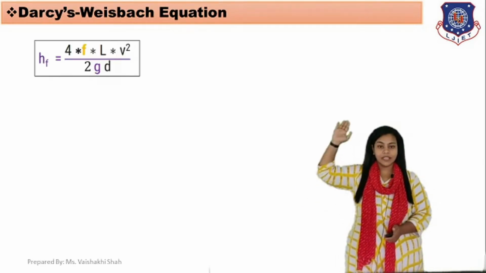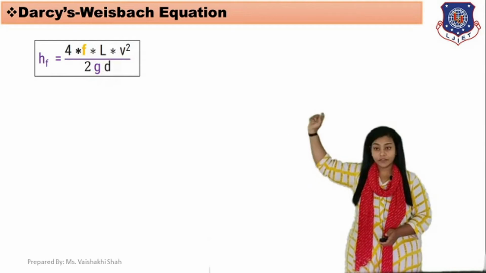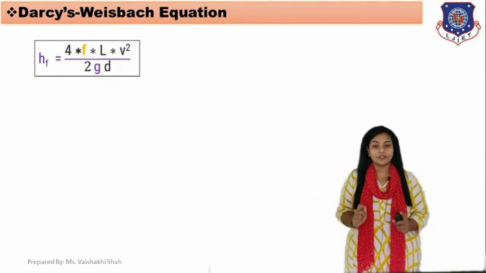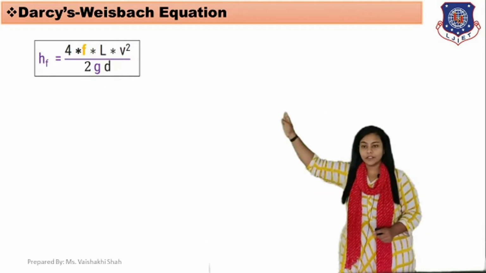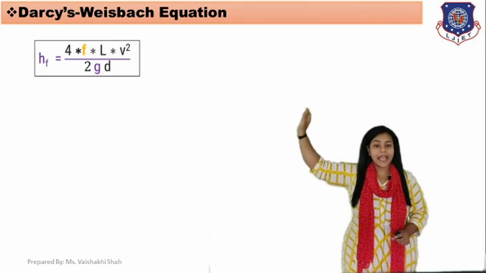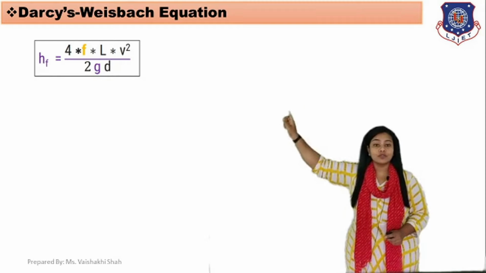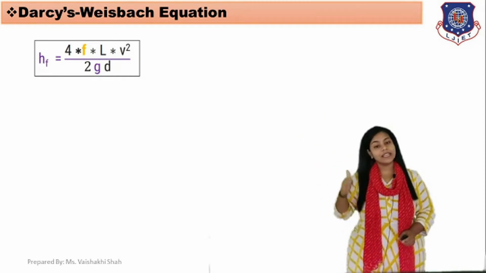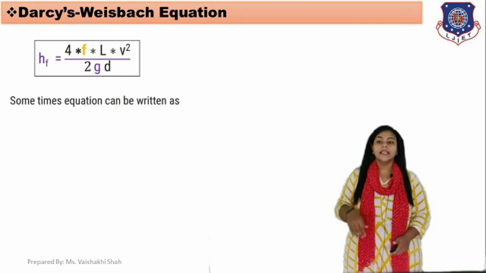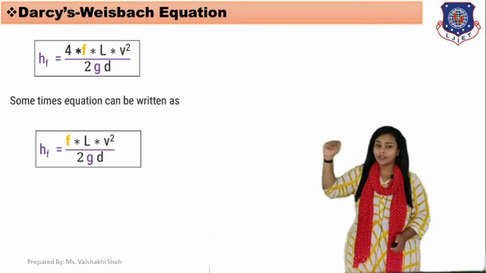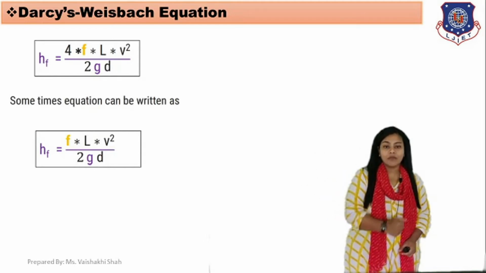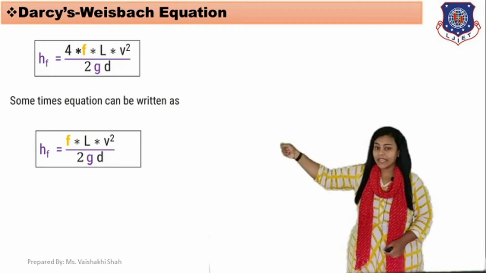Darcy-Weisbach equation. In the Darcy-Weisbach equation we derived that hf, which is head loss due to friction, equals 4f L V square by 2gD. This was Darcy's equation that we derived in our last session. Sometimes this equation is also written as hf equals f L V square by 2gD.